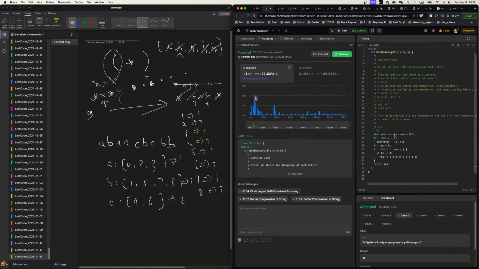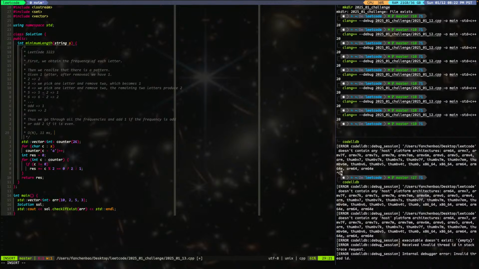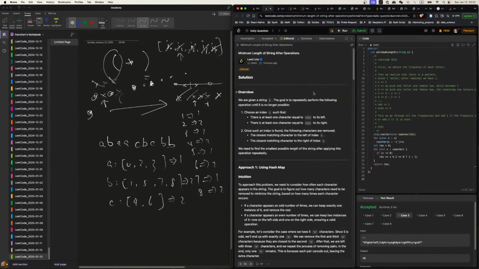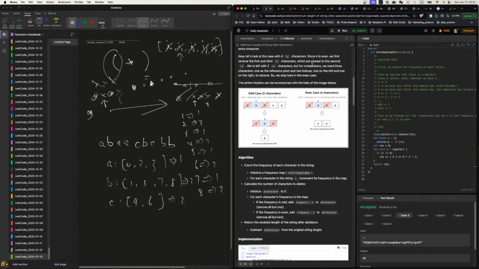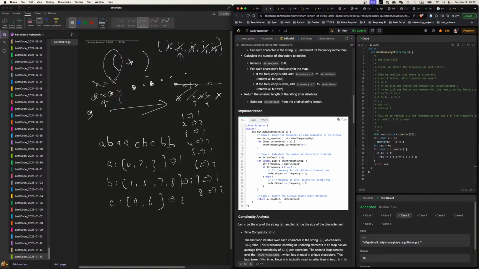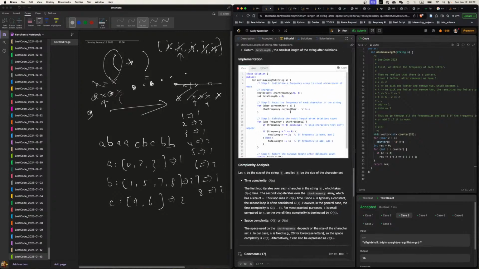It's 11, because we have a counter. 11 milliseconds, 7702 percentile, not bad. Alright, the editorial should be about the same. Yep, it's about right. The frequency array is exactly the same.